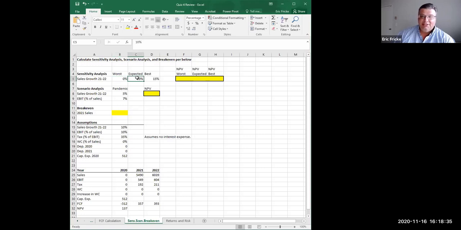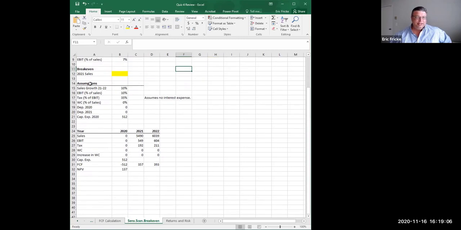I listed the expected at 10% and the best case at 15. So the whole point of sensitivity analysis now is we're going to go ahead and fill in this yellow area. And that yellow area is going to show the NPV for each of those 3 numbers, worst, expected, and best. Okay. And then after that, we'll go ahead and do the other 2.